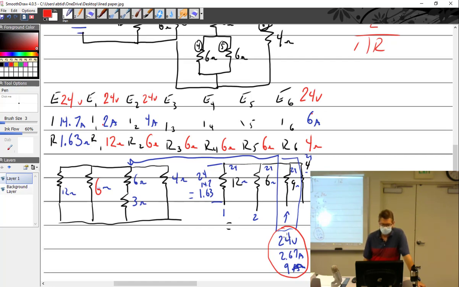Yeah. Okay. So what is the current flow? So we have EIR of one, EIR of my other one. This may not work out just because it's so small. I need more room to write. So what is the current going through these two? 2.67. Can you guys see this okay?